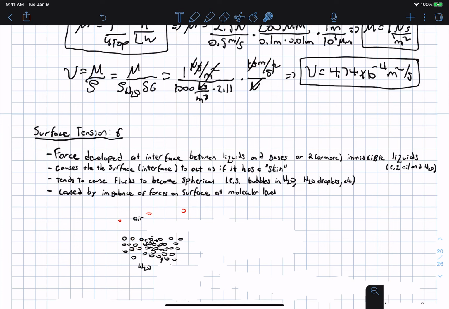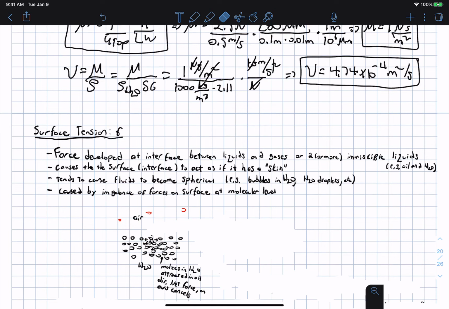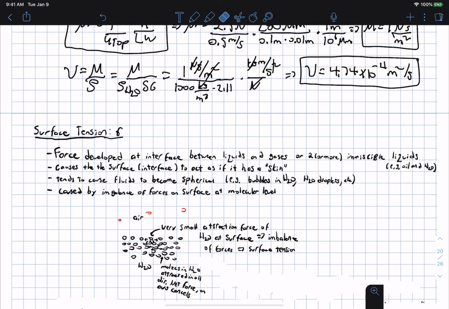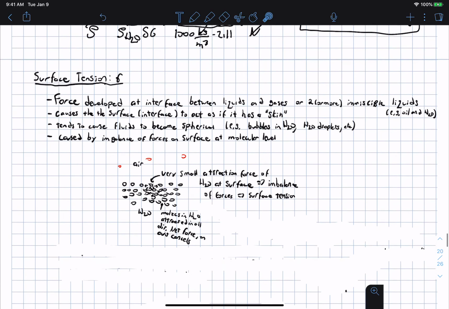But for the molecules on the surface, it's a different story. There's a net tugging down. There is very little tugging of them up. Okay, and so because of that, on the very top surface, there is a net force that is acting down. So I'll just finish this, and so these net attractive forces that are on the surface are actually what cause surface tension.